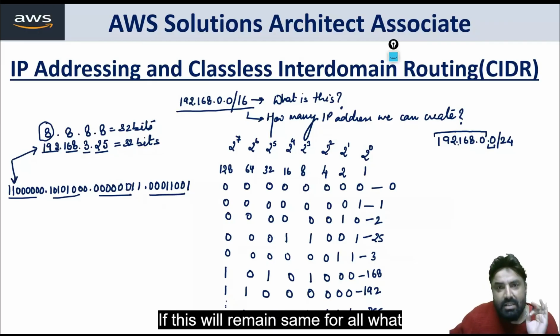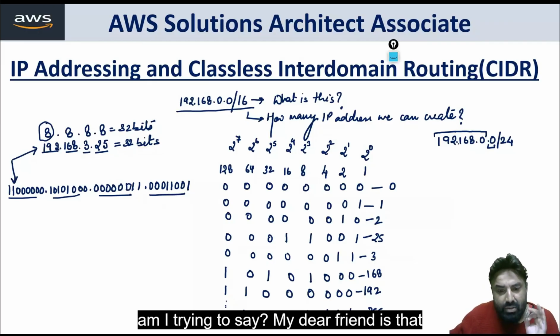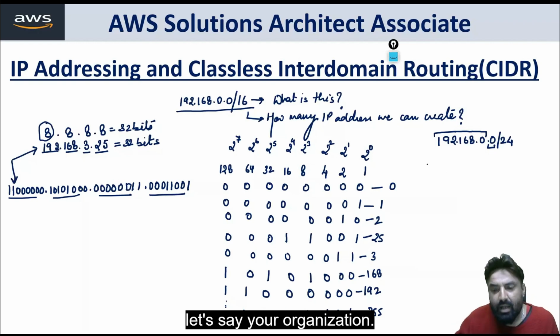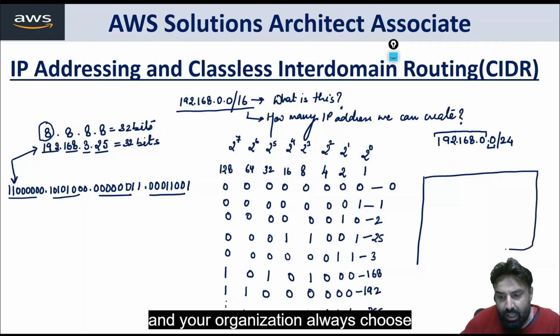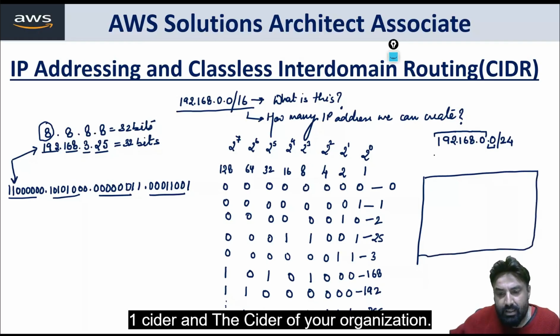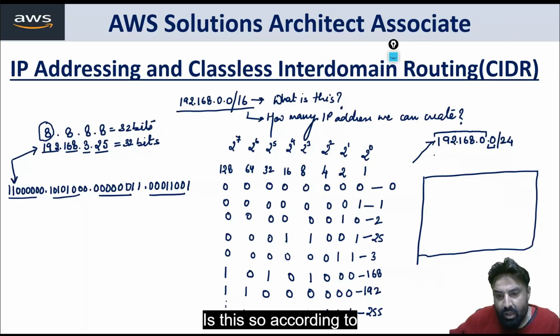What am I trying to say, my dear friend, is that, let's say this is your organization, and your organization always chooses one CIDR, and the CIDR of your organization is this. So according to this CIDR, all these 3 octets are blocked because of slash 24.